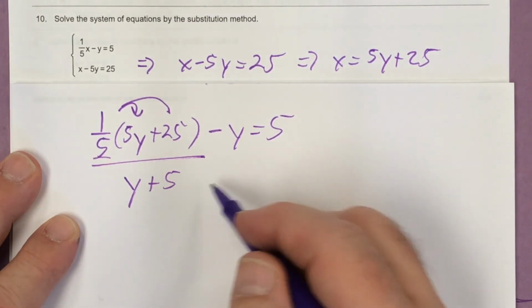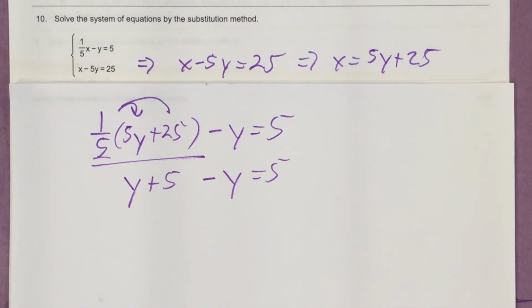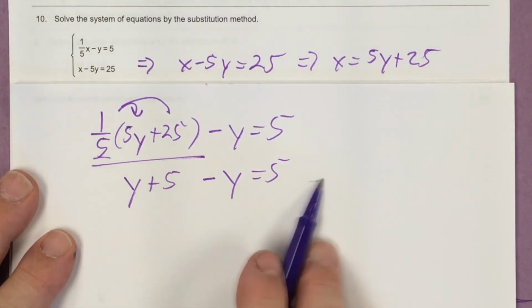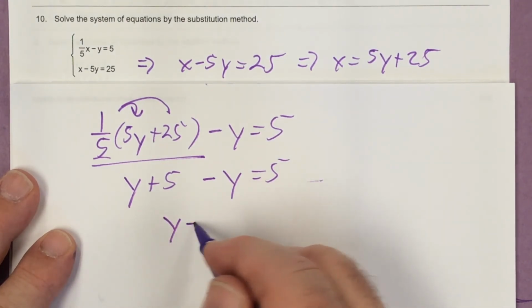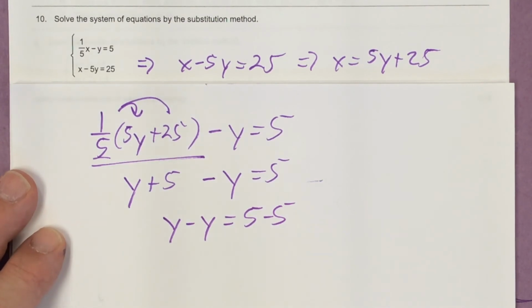So I distribute that through. I'm going to bring down the minus y. I'm going to bring down the 5. I see where this is going. If I move this 5 over to the other side, that's going to be y minus y equals 5 minus 5. And what you're going to see here is we're going to get 0 is equal to 0.